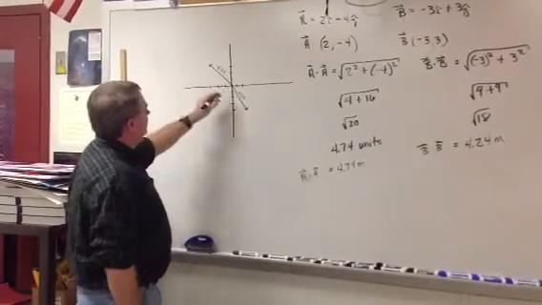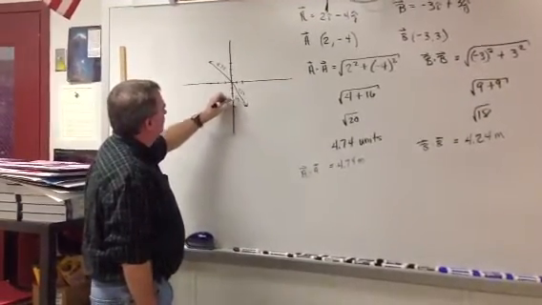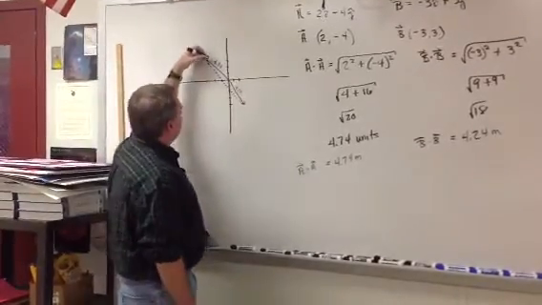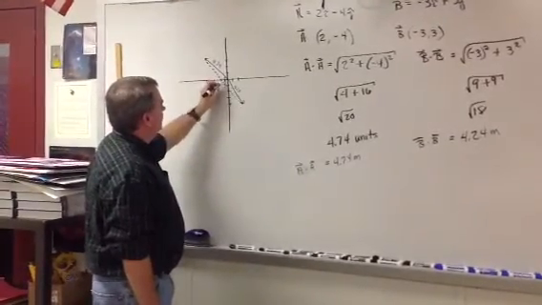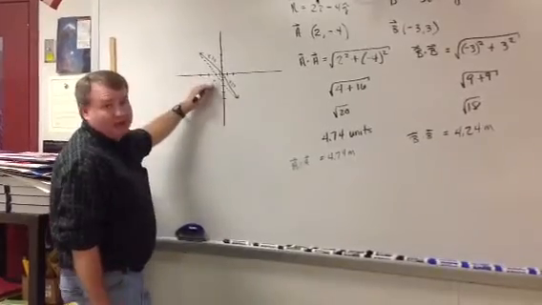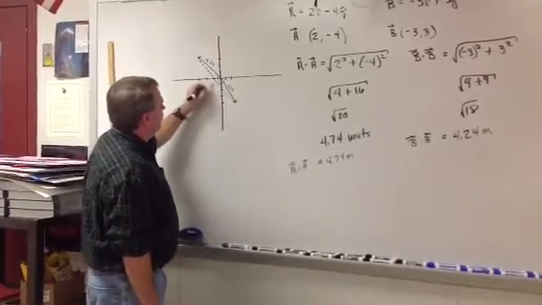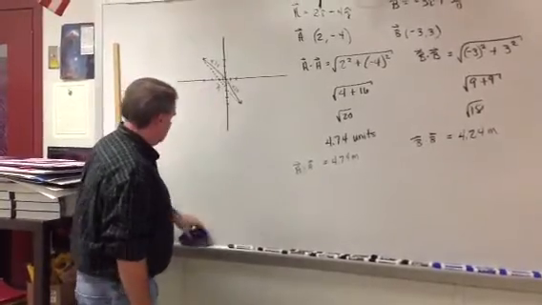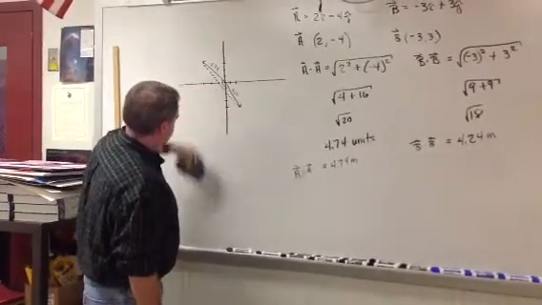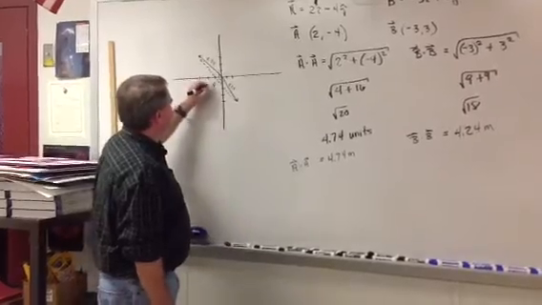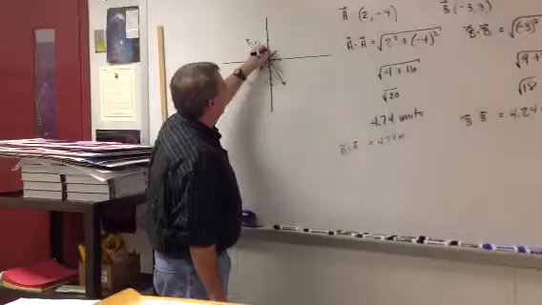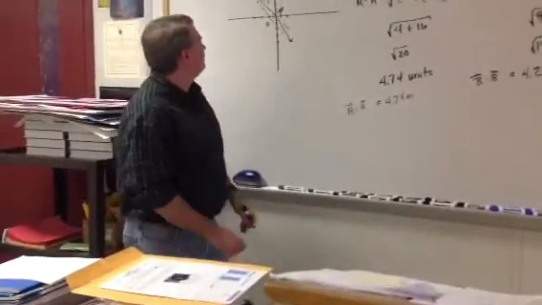Now, what we need to do is find the distance from there to there. If you have two sides of a triangle and the angle between, you can use the law of cosines to find out what that resultant distance is. We'll call that little a. We'll call that capital A.